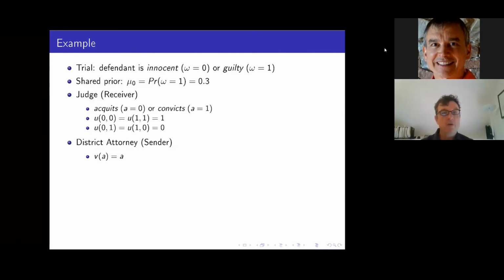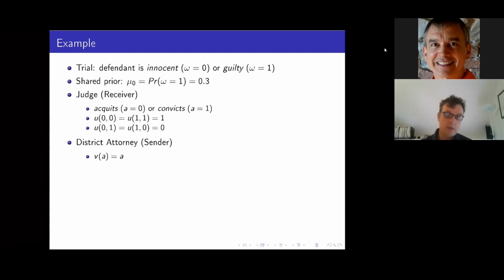If, on the other hand, the investigations are flawless, that is, they are going to reveal all of the information for sure, then what we know is that with probability exactly 30%, the defendant is going to be declared guilty. That's simply the distribution by which he's guilty. And with 70%, he's going to be declared innocent.